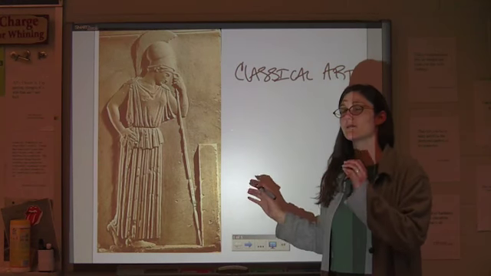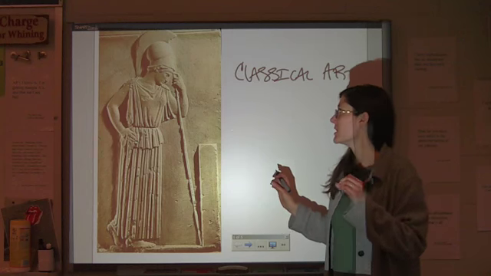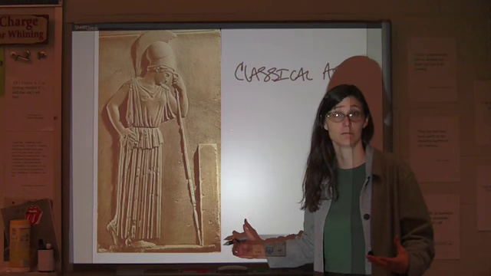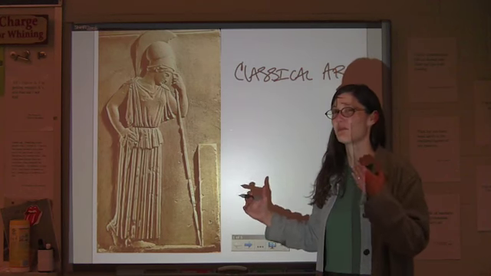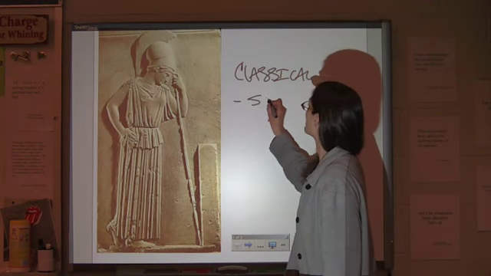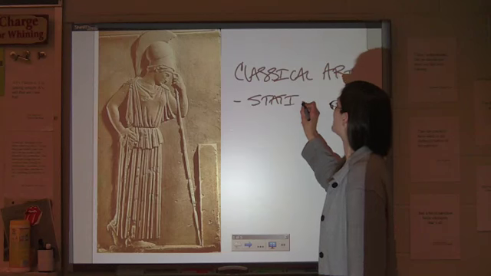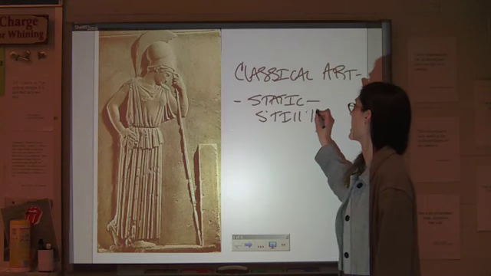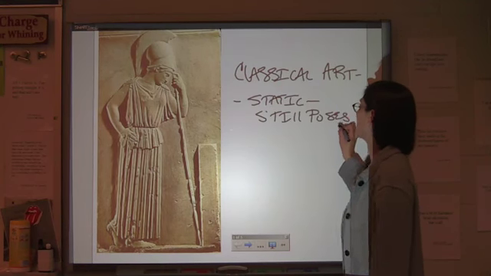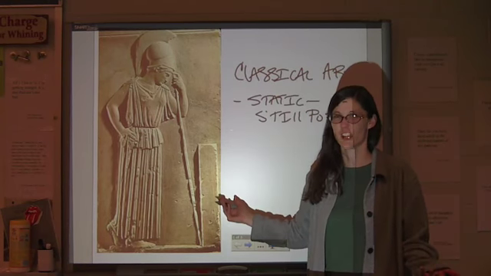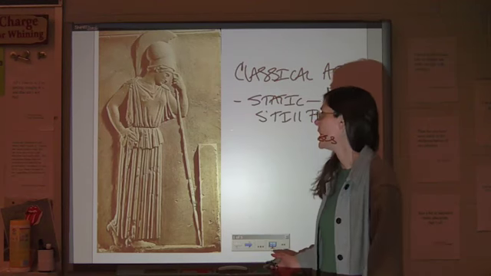For one thing, it's a very static image. She's not doing anything but standing there. Okay? We don't see a lot of movement, in other words, in classical art. You could call them still poses most of the time. Because she's there, you know. She's sad. She's not jumping around. All right.